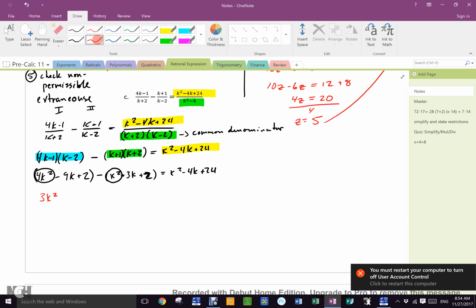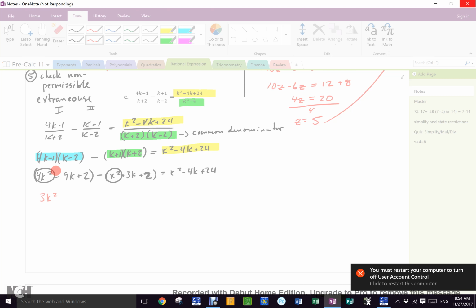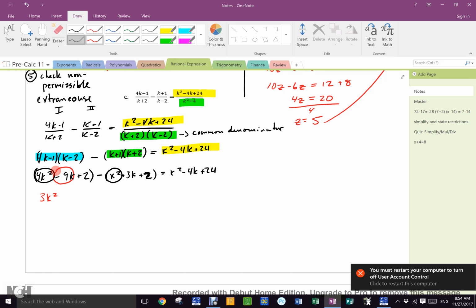What do I do with minus 9 minus 3? What do I get? Minus 12k. And what do I get with 2 minus 2? 0. So I don't need to write it, do I? And what does that equal? K squared minus 4k plus 24.